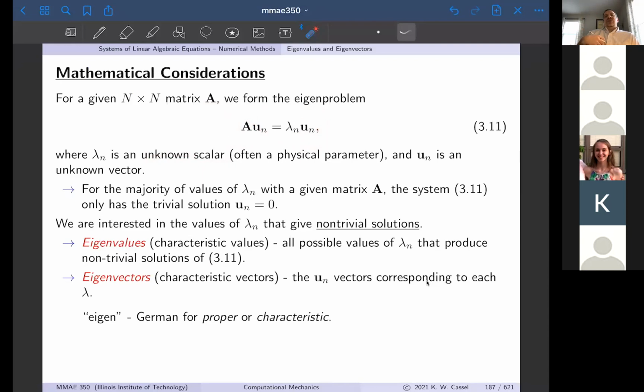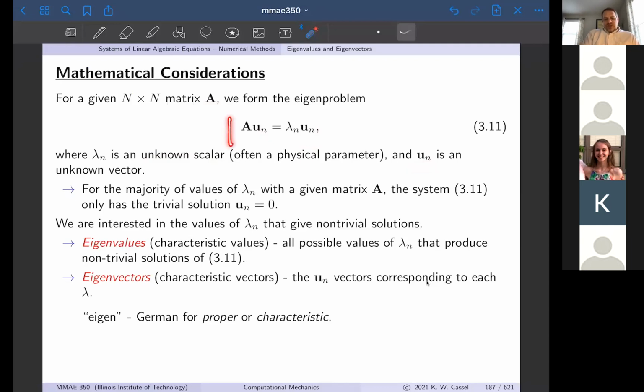It has something to do with the natural frequencies, as we'll see. So it's a parameter that has some physical meaning. The U sub n's are unknown vectors, and those will be the eigenvectors. Again, they usually have some physical meaning within the context of a particular problem.